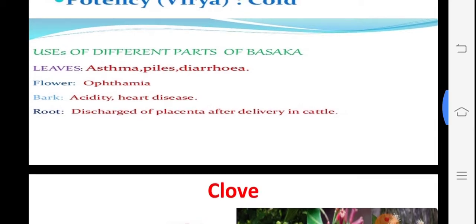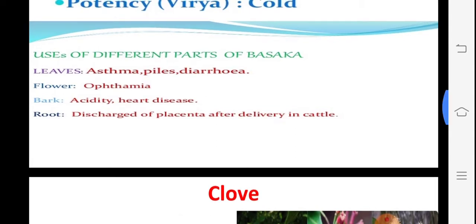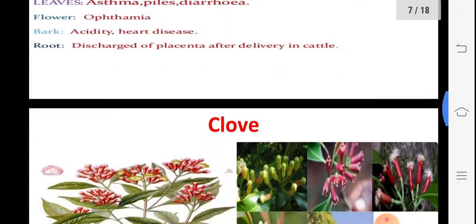Bark is good for acidity and heart diseases. The roots are used for discharge of the placenta after delivery in cattle, so it is given as food to cattle after birth. So this is all about Adathoda vasica.